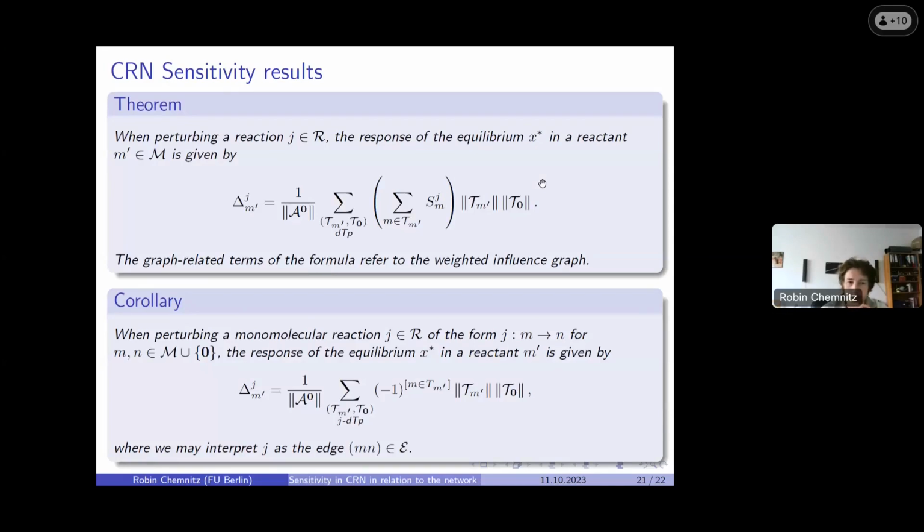Yeah. I don't necessarily think so, because we had the standing assumption that this matrix SR is not degenerate, which basically tells us that if we make small changes to reaction rates, then there's no qualitative change.